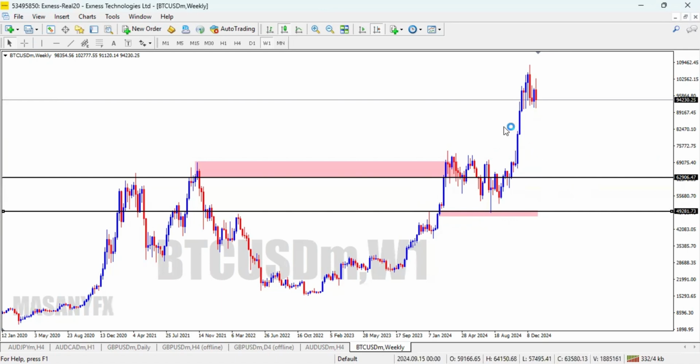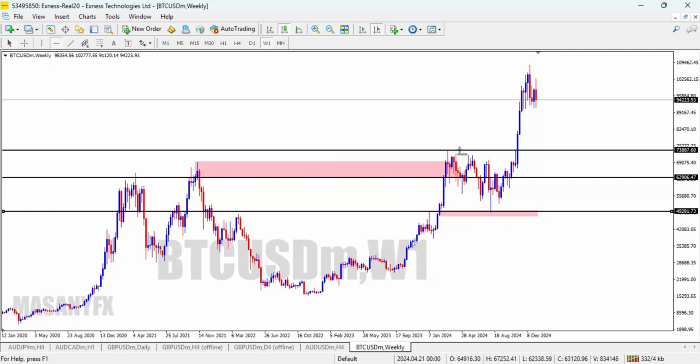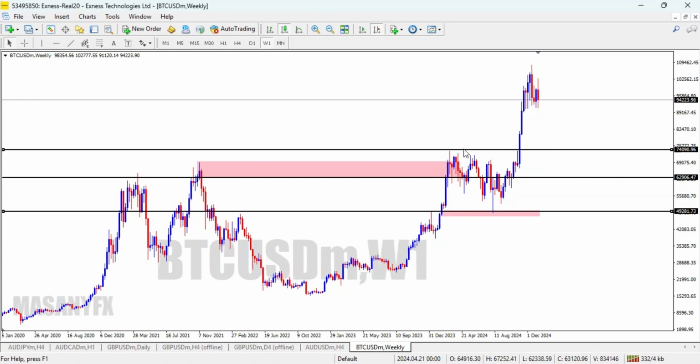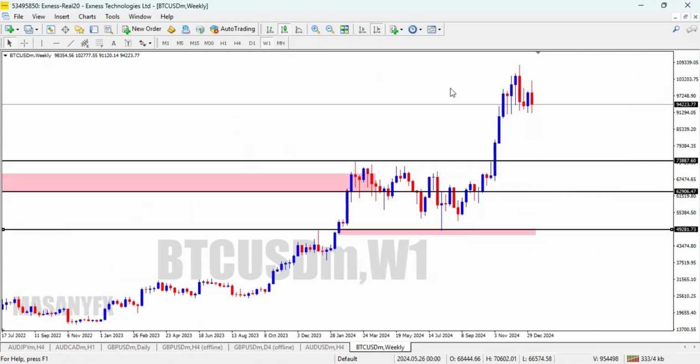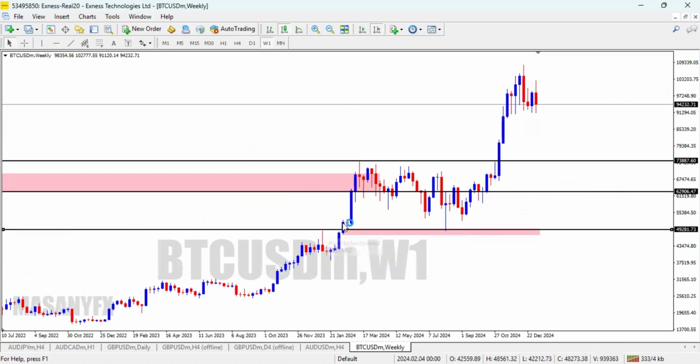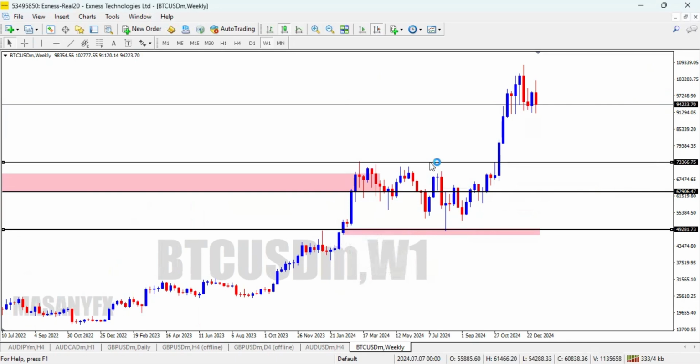So what are we expecting again? This is the weekly time frame, right? You can see very well that we have resistance and a clean breakout.